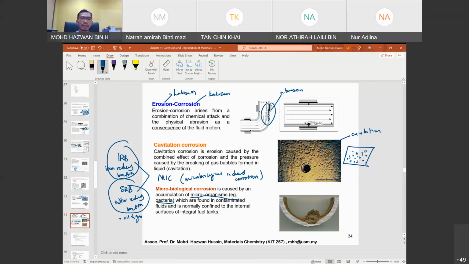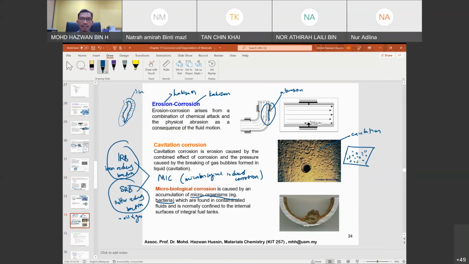IRB, the bacteria attach on the surface of the metals, and the bacteria have small tentacles and also a slime. When this slime attaches on the surface of the metals, it can digest anything, because that is the function of the bacteria.